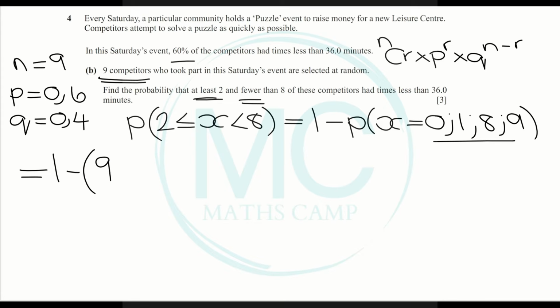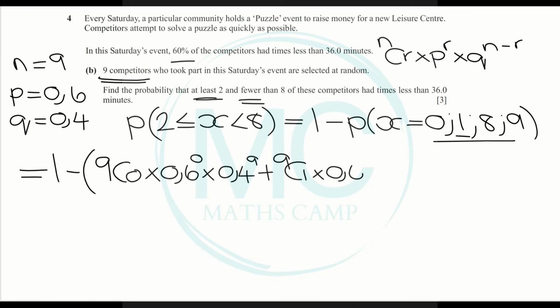So I have 9C0 multiplied by 0,6 with an exponent of 0 multiplied by Q, 0,4 with an exponent of 9, plus, let's put 1 into our value, 9C1 multiplied by 0,6 with an exponent of 1 multiplied by 0,4 with an exponent of 8, plus, let's substitute 8 into our values.